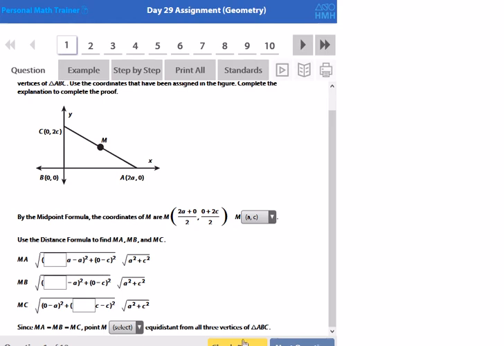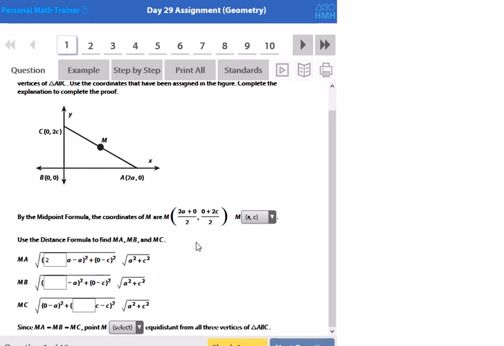And now using the distance formula, the distance from M to A, if we subtract the x's, it would be 2a minus a, which gives us a squared plus c squared. Then the distance from M to B, the x of point M is just, let's see, where's B?